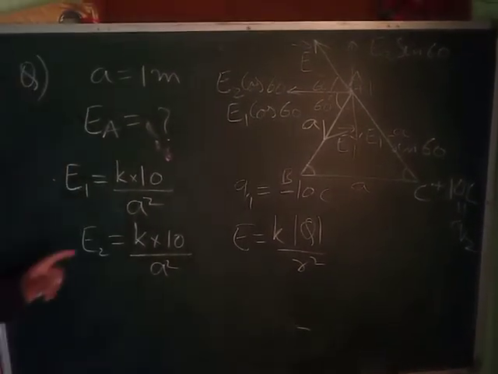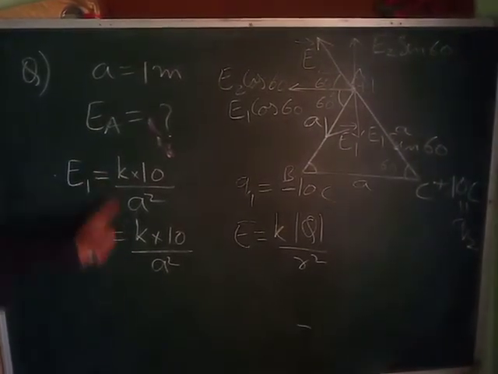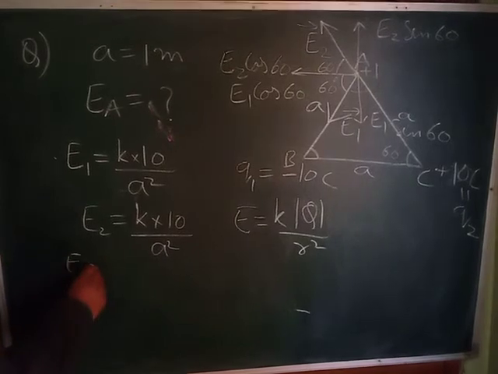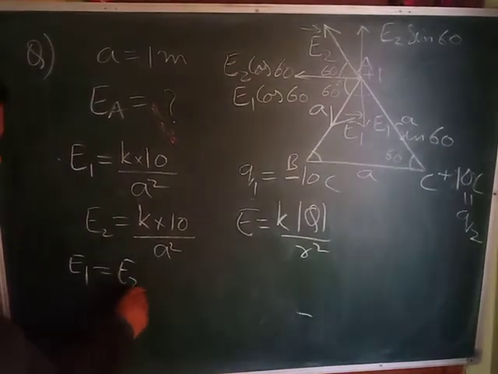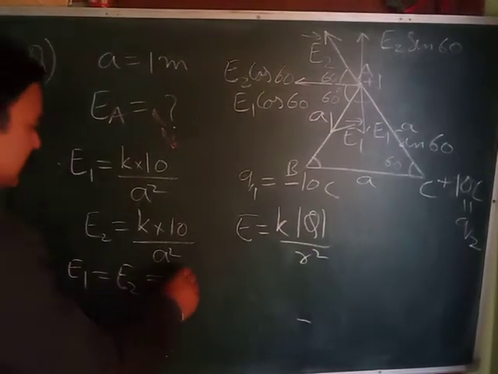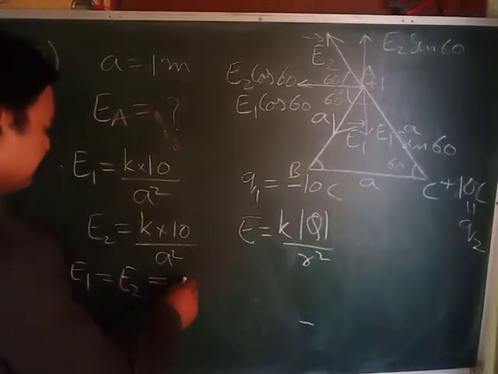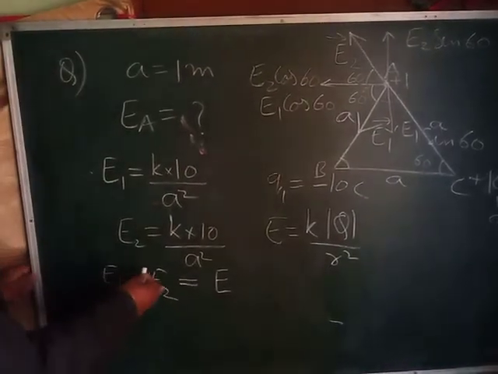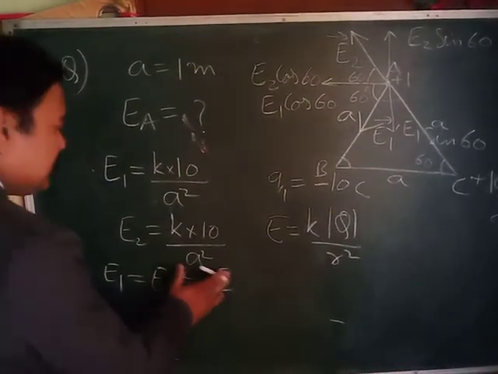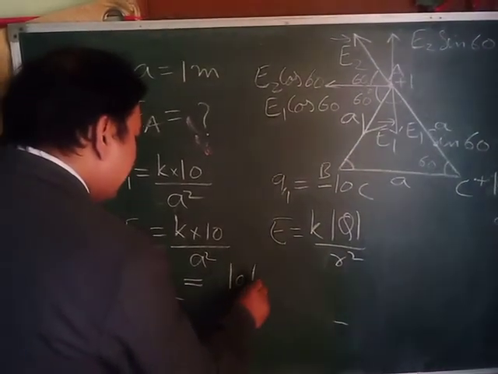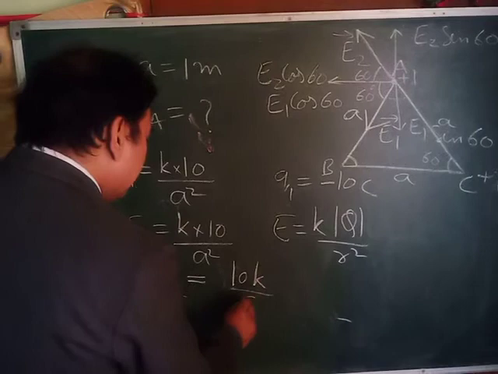Now we find that both electric field intensities are equal. So we can write E1 equals E2. I am not putting arrows, because I am talking about magnitude. That equals 10 K upon A square.